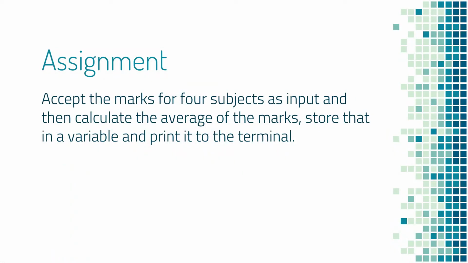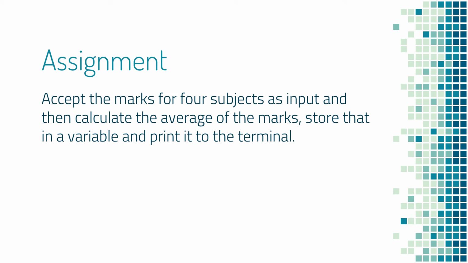So before we finish this video, once again I would like to give you an assignment. Please make sure to at least try all the assignments I give you, because you cannot just program by seeing the tutorials. You have to actually write the program to get to know programming. So your assignment is that you have to accept the marks for 4 subjects as input, and then calculate the average of the marks and store them in a variable and print that variable to the terminal.